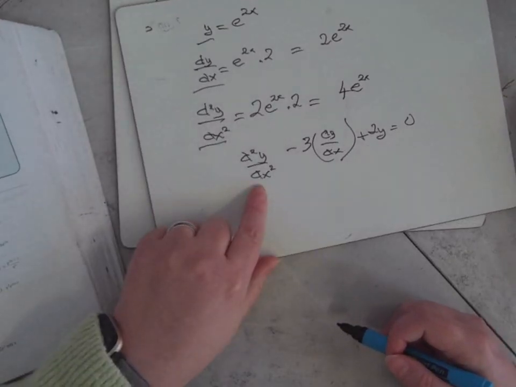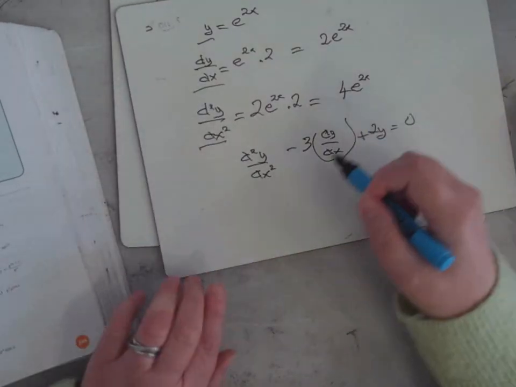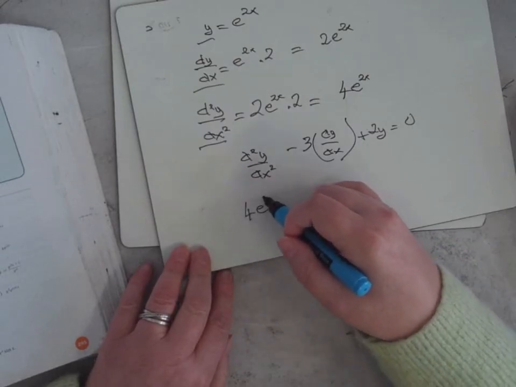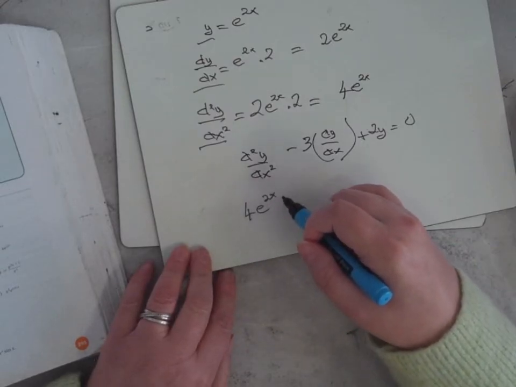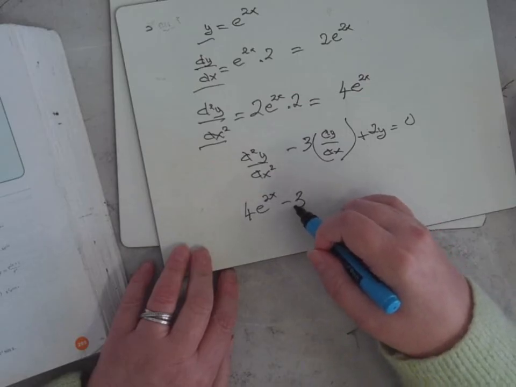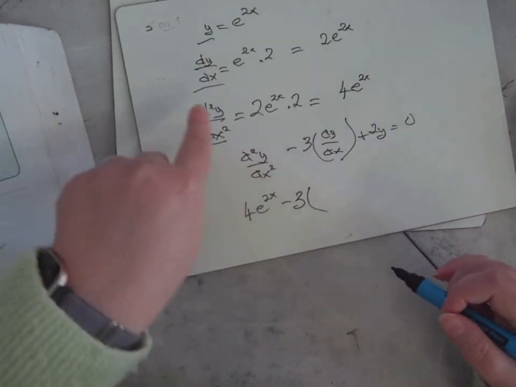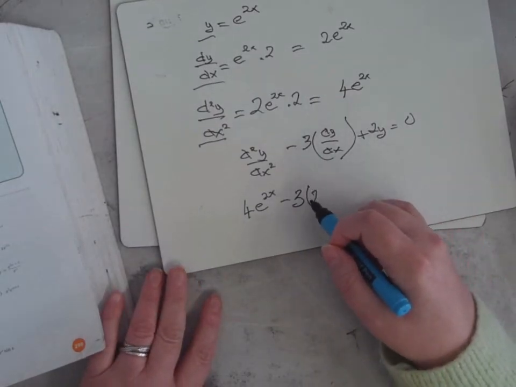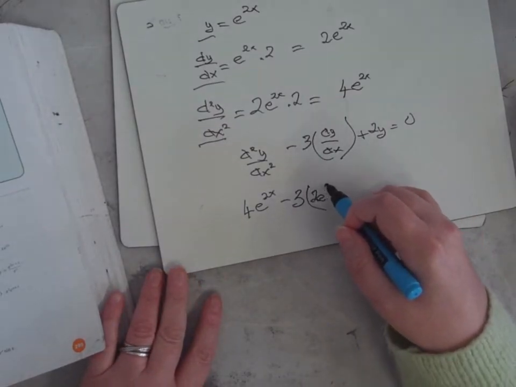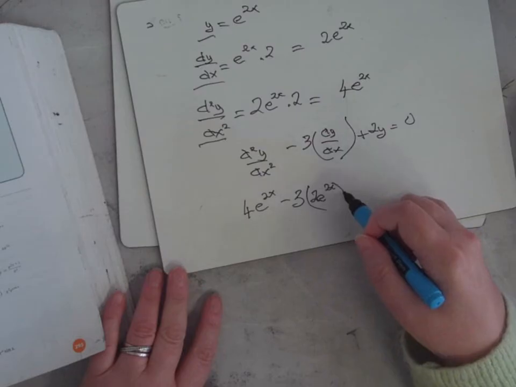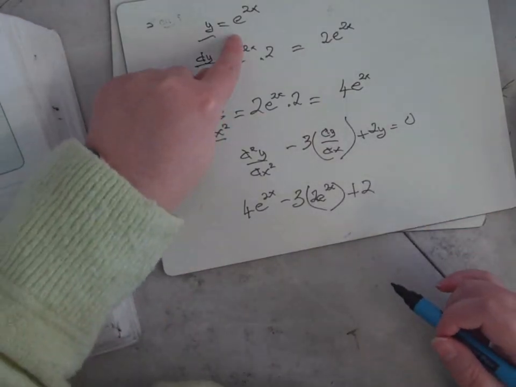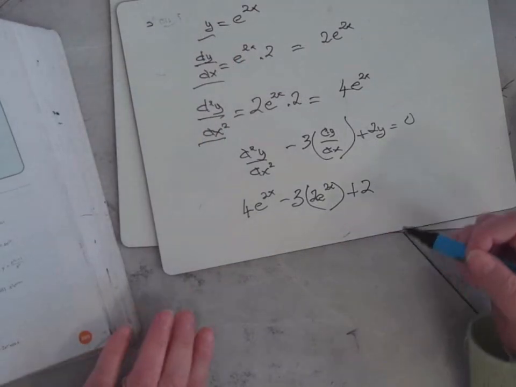So here we do d2y/dx2, which is 4e to the power of 2x. Then I have a minus 3 times dy/dx. dy/dx, I have it here. It's 2e to the power of 2x. And then I'm adding 2 times y, and look, y is here, e to the power of 2x.